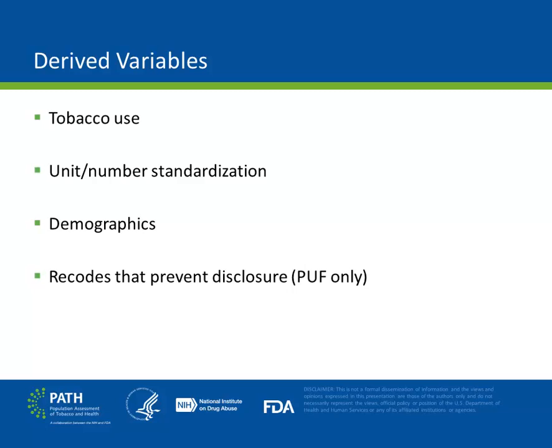The third category is demographics like age, sex, and race, ethnicity. And lastly, on the public use file only, there are recodes that prevent disclosure. For example, variables included in the RUF include more categories for race ethnicity than the analogous variable in the PUF.